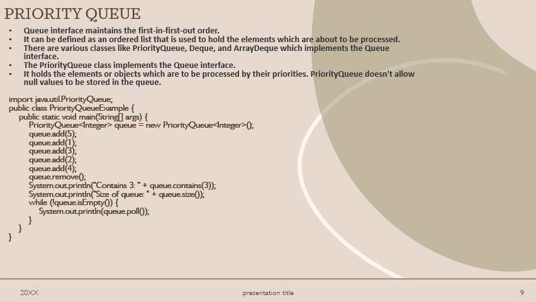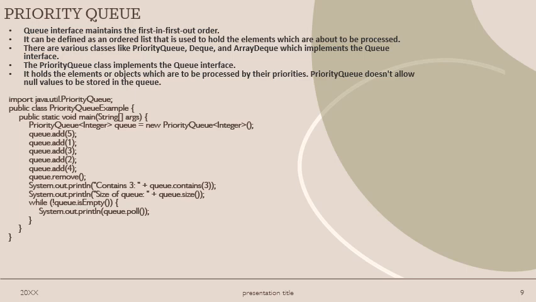Then you're going to create a class named PriorityQueueExample, and we are going to move to the main function, and here you're going to create a PriorityQueue class of type integer, where all the other classes were created of type string, by using the queue as an object, by using the new keyword.